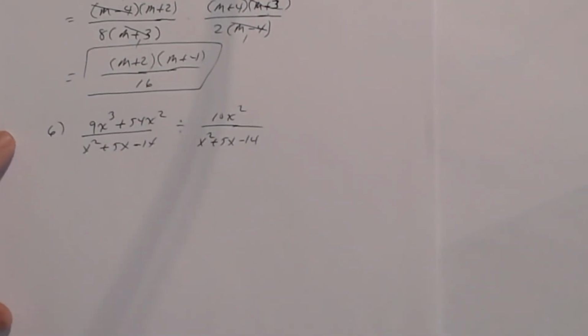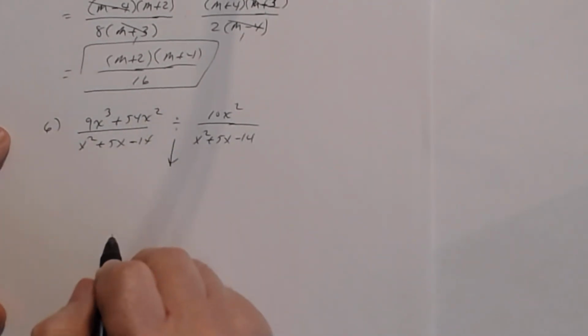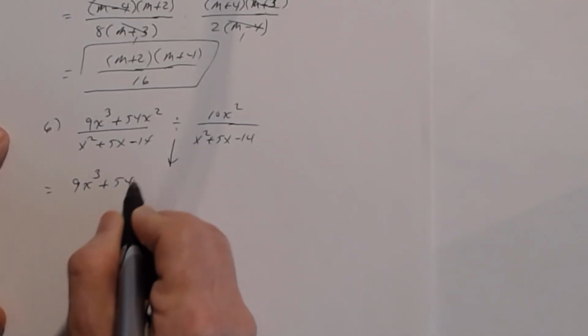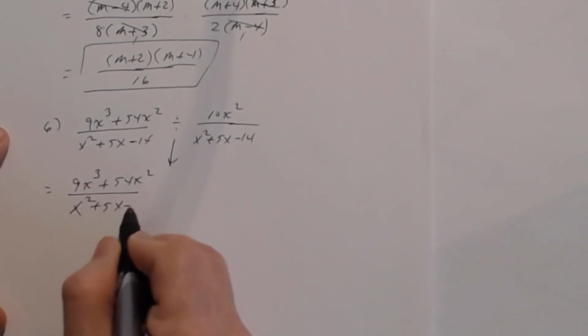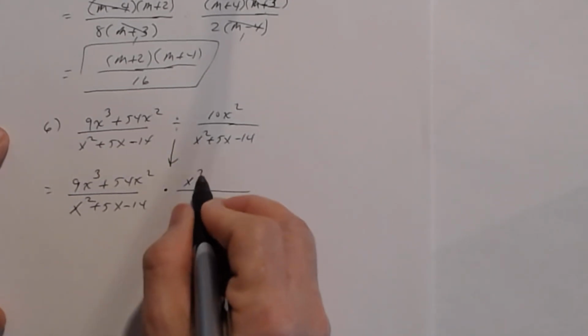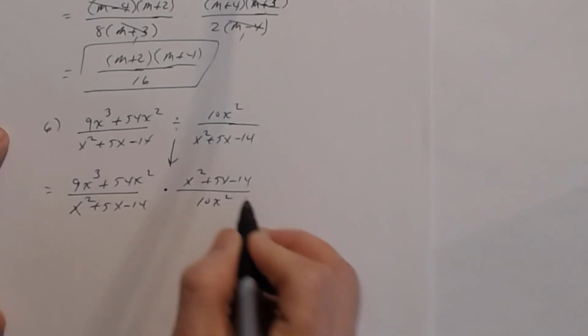All right, so we have those two rational expressions that we're dividing. So again, you got to change this to multiplication. So this becomes 9x cubed plus 54x squared divided by x squared plus 5x minus 14 times the reciprocal. So x squared plus 5x minus 14 divided by 10x squared.